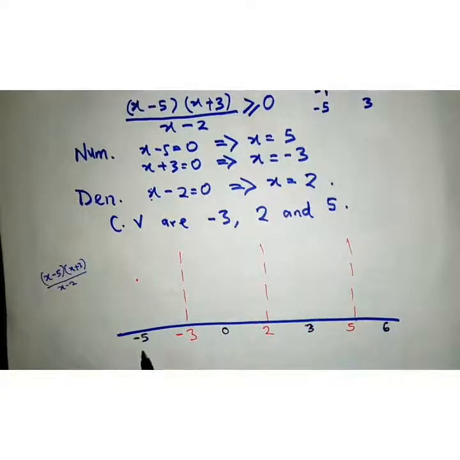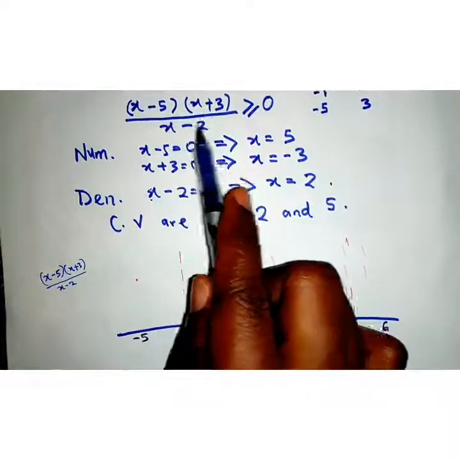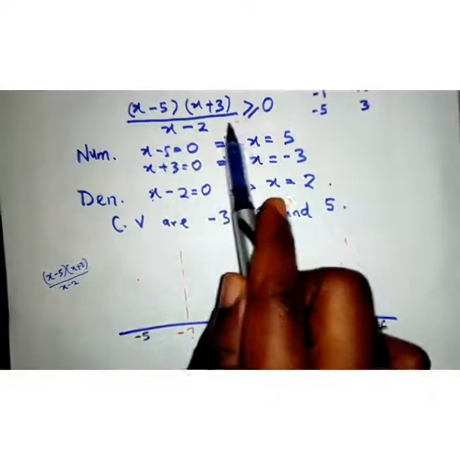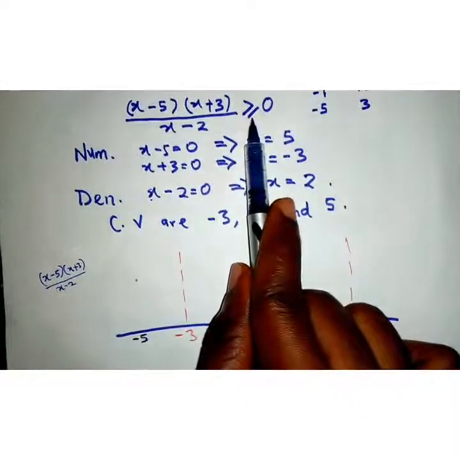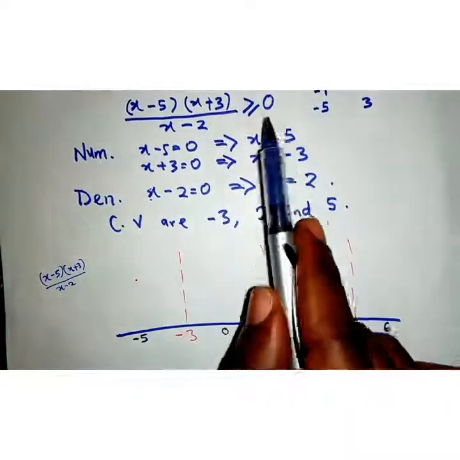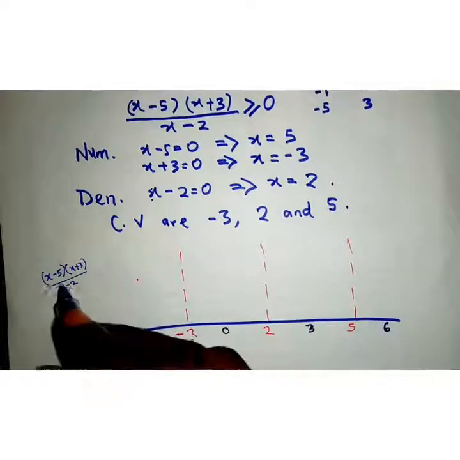So we pick each of these numbers and test in this expression to see if this expression will be greater than or equal to 0. That is where it will be positive. So for the first interval, we pick minus 5.